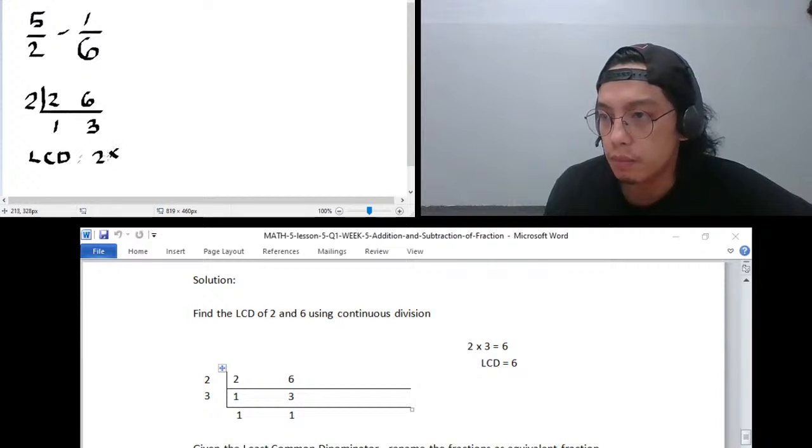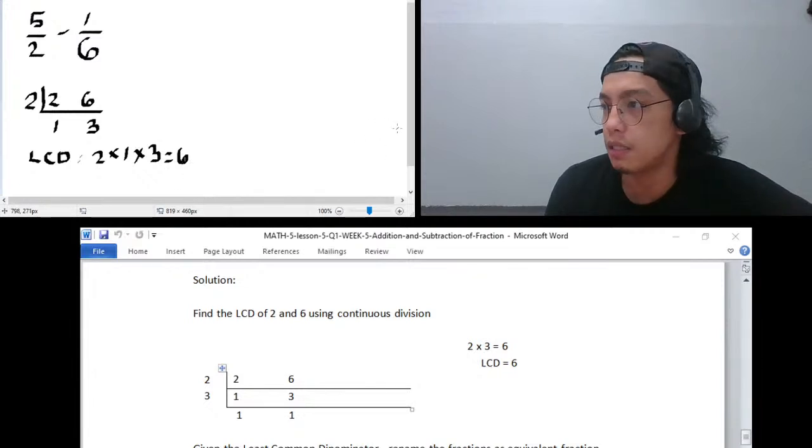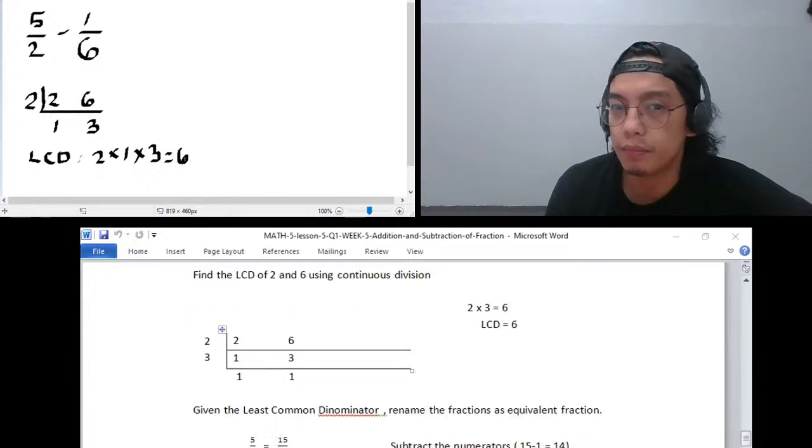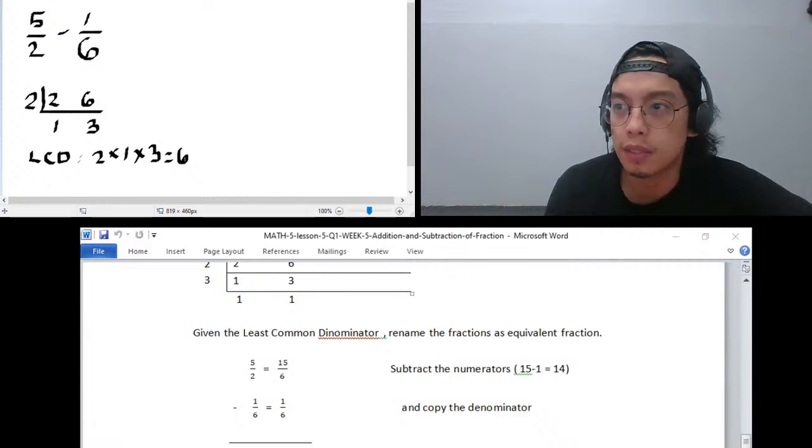Okay? That's the LCD. So, muna siya ang ilahang LCD. Given the least common denominator, rename the fraction as equivalent fractions. So, pwede na ta actually mag-minus ani.